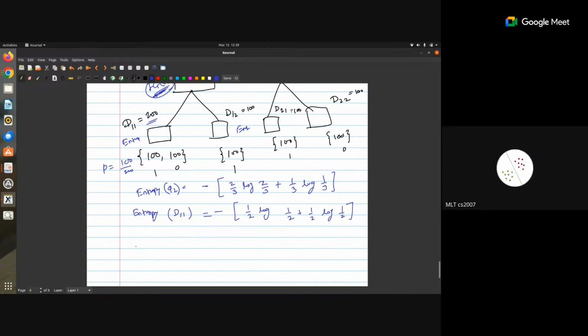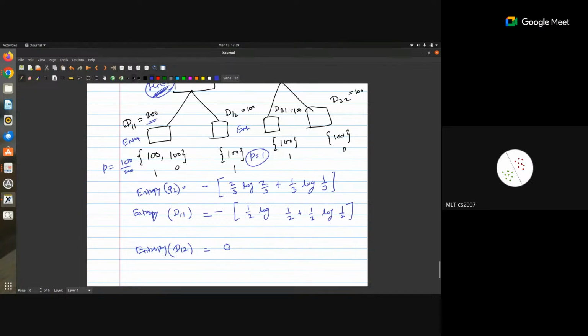Okay. Similarly, entropy at D12. What is the value of the proportion here? 1, because how many ones are there in this data set? 100. And out of how many data points? 100. So 100 by 100 is 1. So entropy at D12 will be 0, because it has become a pure node.